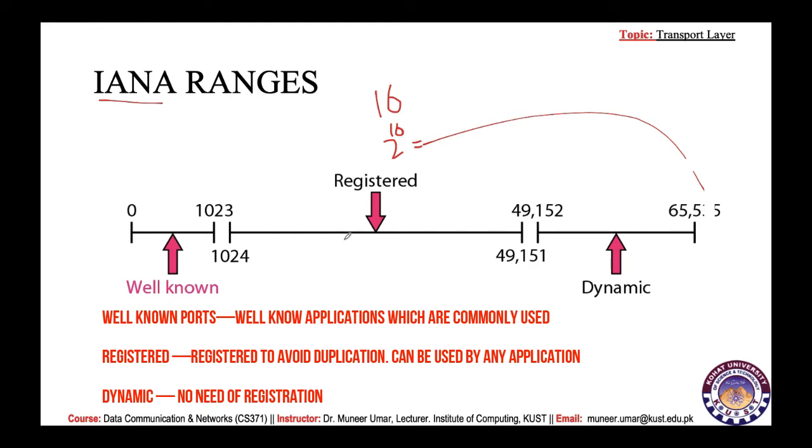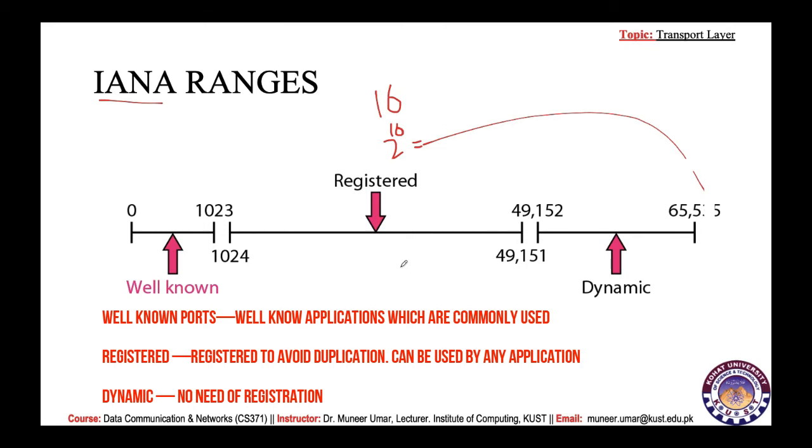Then we have registered ports. These ports range from 1024 to 49,151, and these are not assigned or controlled by IANA. They can only be registered with IANA to prevent duplication.